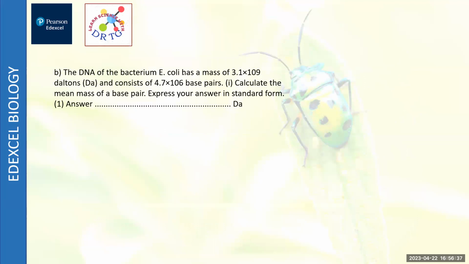The DNA of bacterium E. coli has a mass of 3.1 times 10 to the power 9 Dalton. The mass is this much.